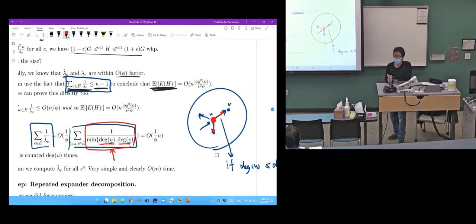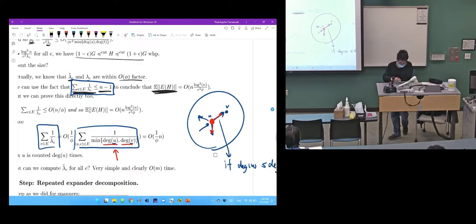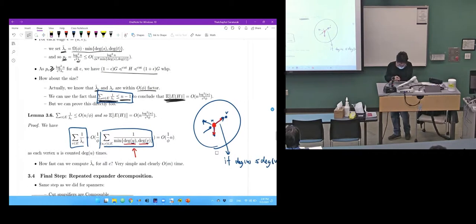Makes sense, right? Okay. So now, how fast can you compute all of these lambda tilde e?